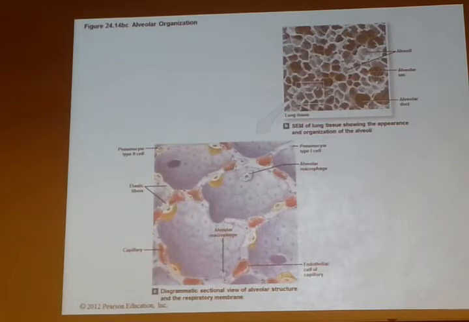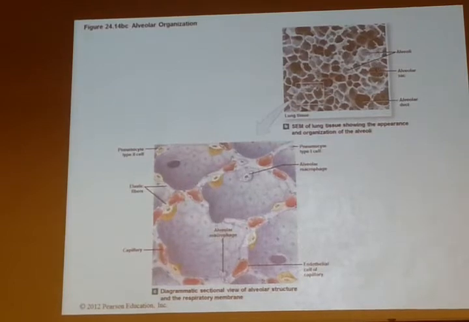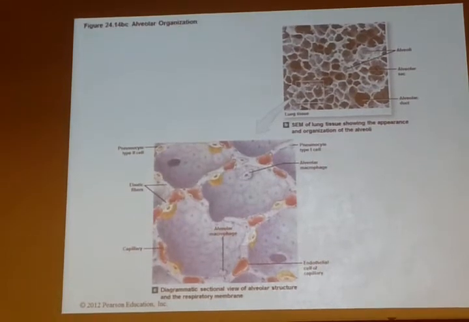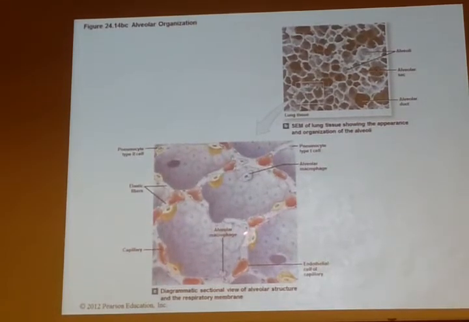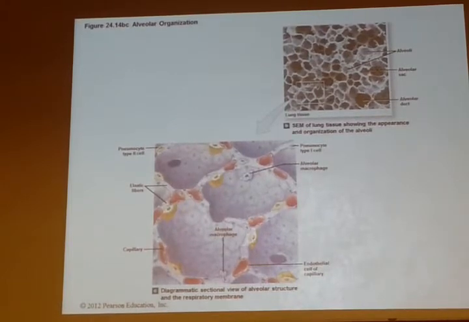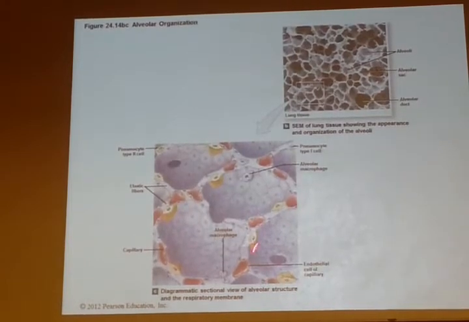Most of what gets across to the tissues is through transcytosis, meaning you have endocytosis on the side of the capillary lumen and then exocytosis on the tissue side of the capillary. So these are not very leaky capillaries, which also helps to keep alveoli dry.